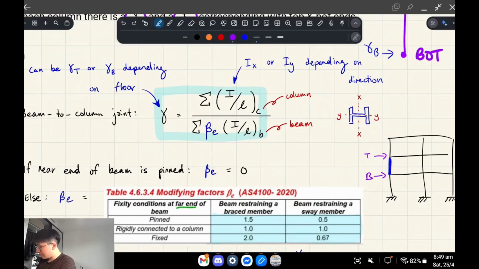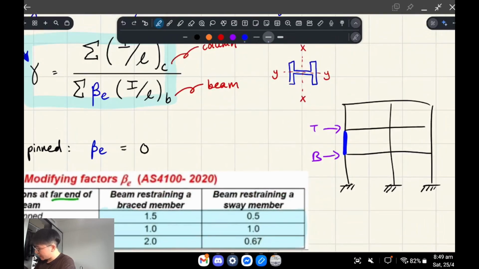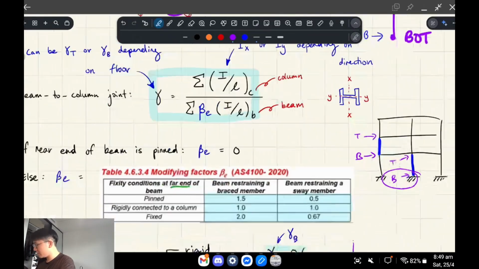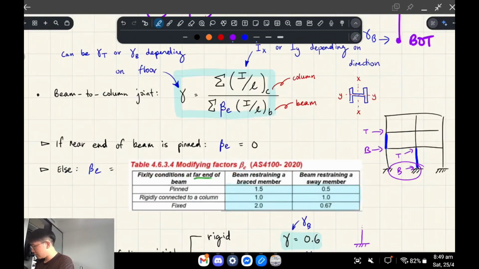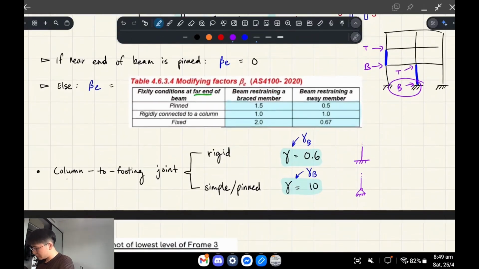But if instead we're analyzing this column here, this is top, this is bottom. The bottom can only be one of two numbers. The reason is that if you've got a column to footing joint, where a footing is basically where the column touches the ground, so we're analyzing a ground floor column, we have either a rigid connection or a pin connection.